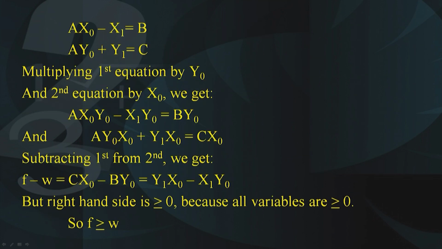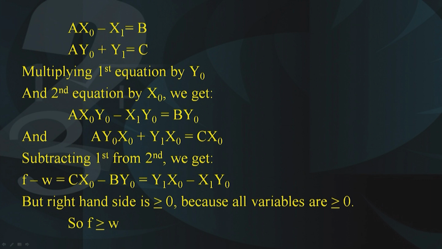Therefore, we can substitute this in the given conditions, and we get A x naught − x1 = b. Similarly, A y naught + y1 = c. Now, we multiply the first equation by y naught and the second equation by x naught, and we get A x naught y naught − x1 y naught = b y naught, that is the first equation.